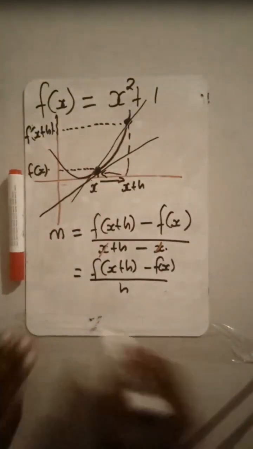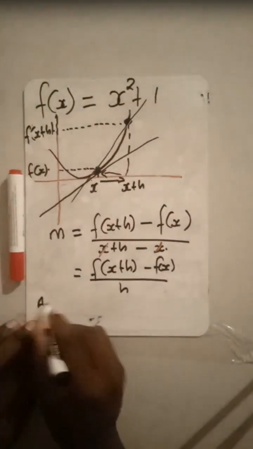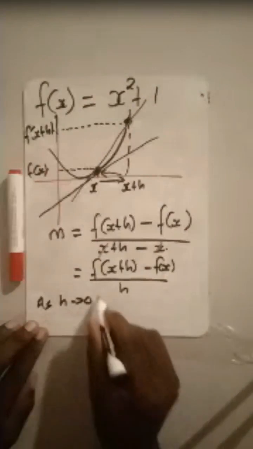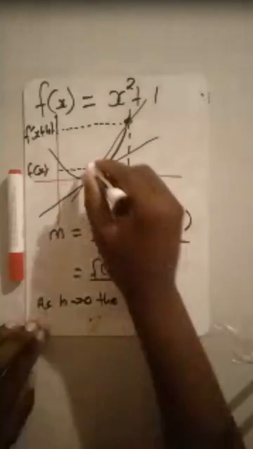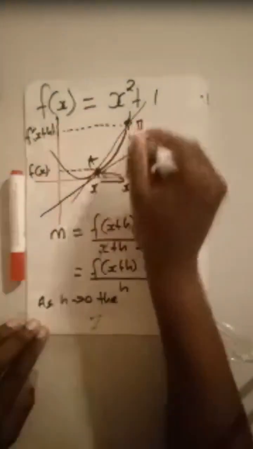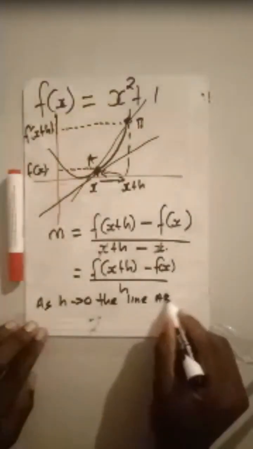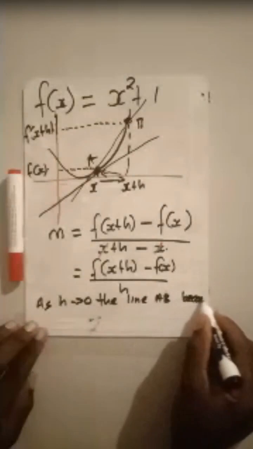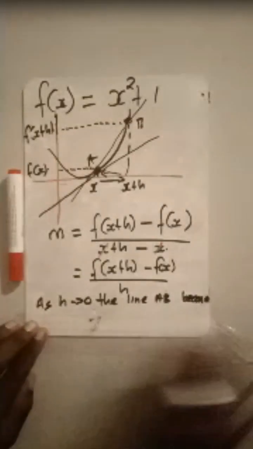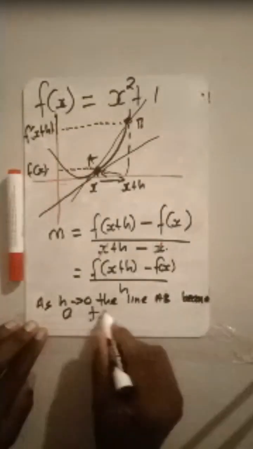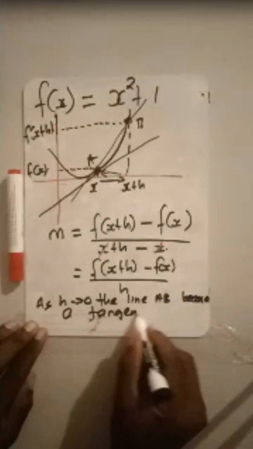Therefore, we can conclude to say as h tends to 0, the line, if I can call it AB, becomes a tangent, right?